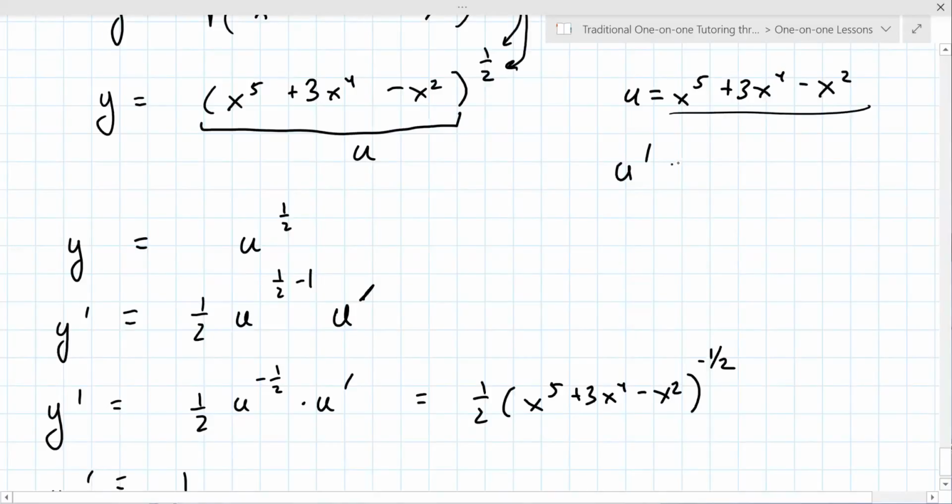So what is the derivative of this thing up here? 5x to the 4 plus 12x to the 3 minus 2x. So this is your u prime, 5x to the fourth plus 12x cubed minus 2x.